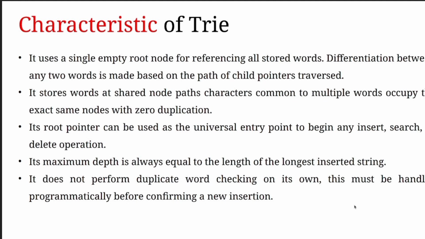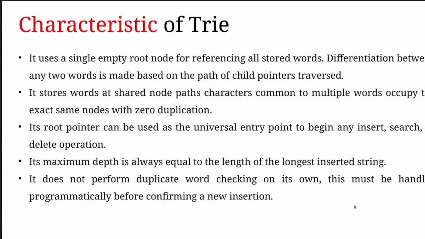Now let's look at some important characteristics of Trie. Every Trie starts with a special node called the root node. All operations such as insertion, searching, and deletion begin from this root.